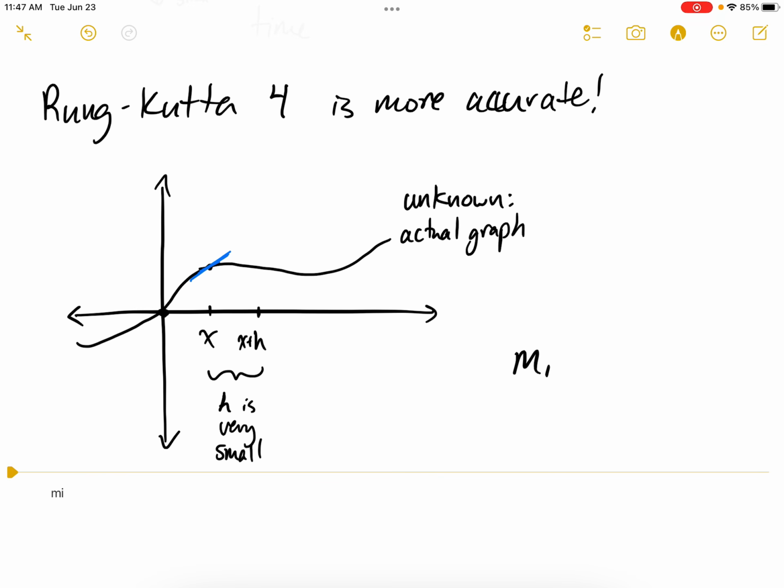So we have m1 is equal to, let's say this function dx/dt is equal to some function of t and x, right? So we have m1 is equal to f of t naught, x naught.